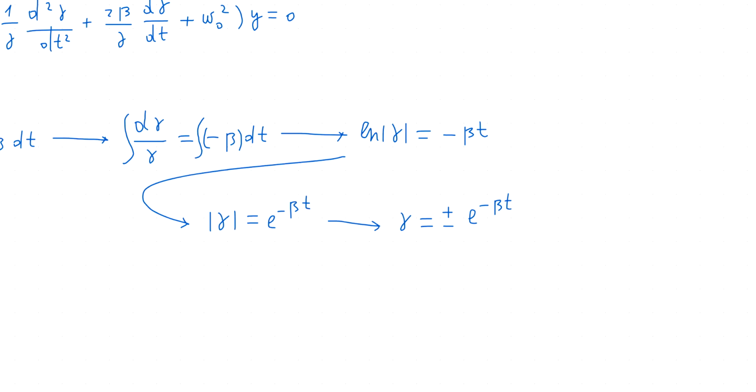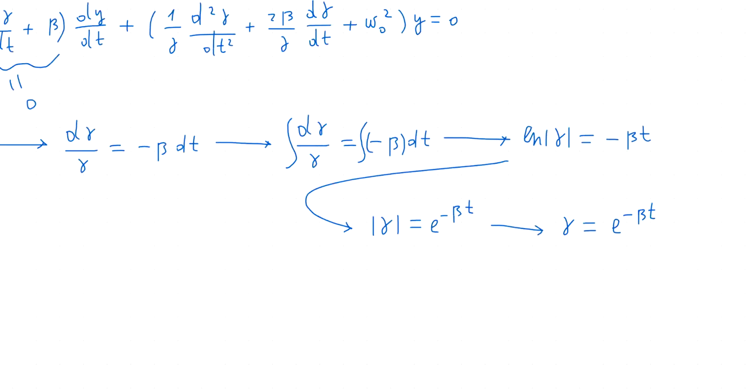So let's choose plus. So gamma is equal to exponent of minus beta t.